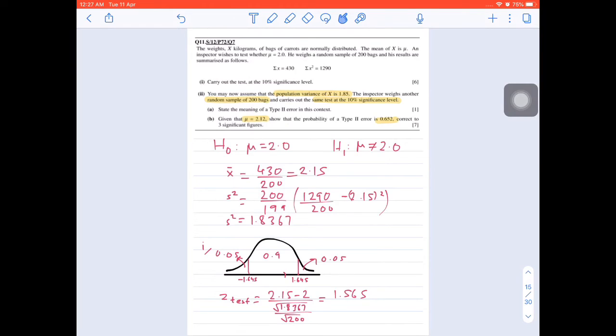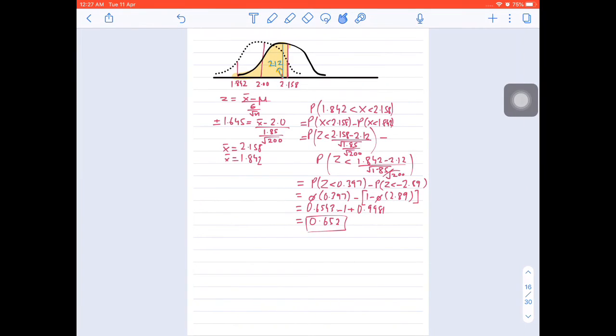Using this, we found the values of x for which this hypothesis was being accepted, using z equals x bar minus mu upon sigma root n. So we got two values of x bar that were the acceptance region, shown on the graph as 2.158 and 1.842.